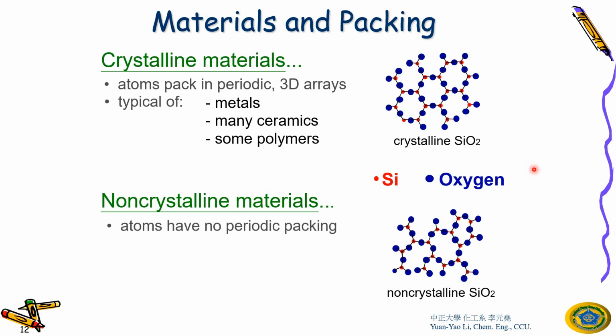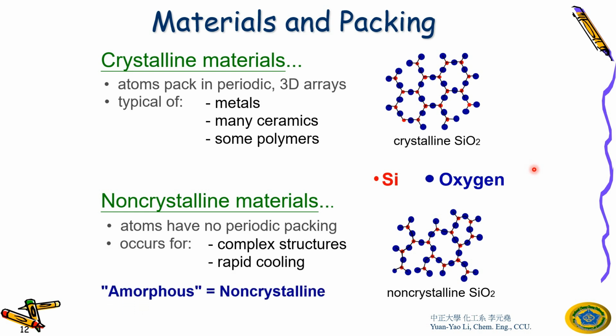The atoms have no periodic packing, and they occur from complex structures and rapid cooling. You don't understand this? Don't worry, we are going to show you soon. Non-crystalline is sometimes also called amorphous.